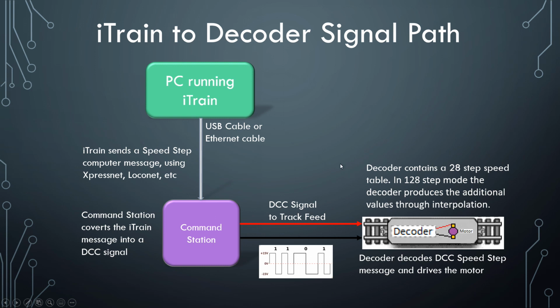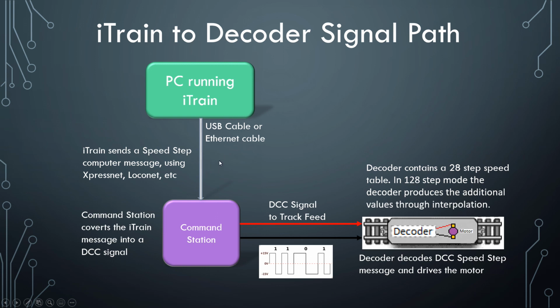Now for all computer automation programs, including iTrain, the connection between your PC and the command station will typically be either a USB cable here or an Ethernet cable.